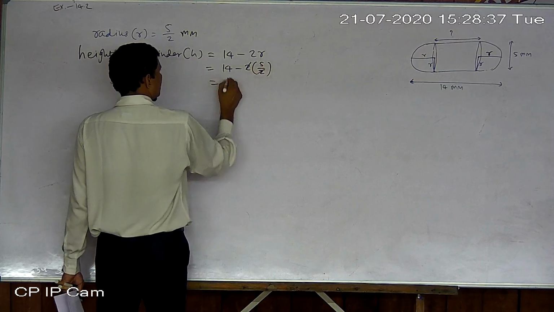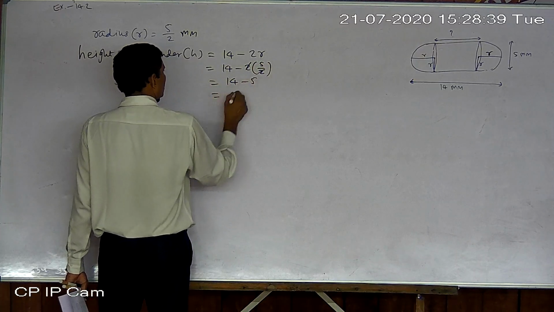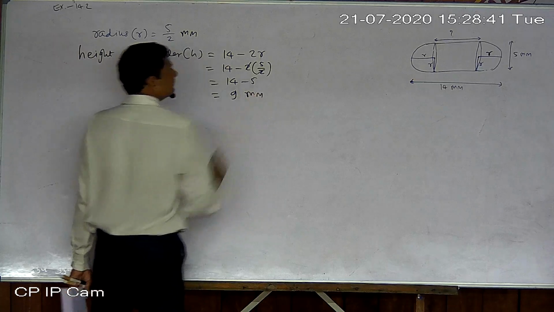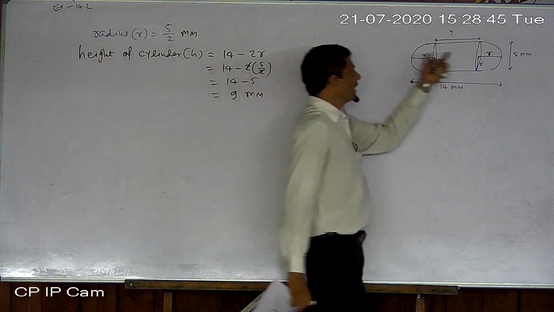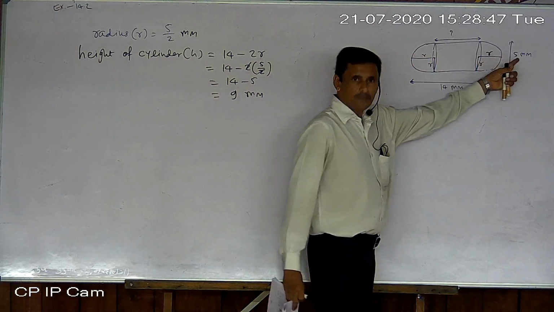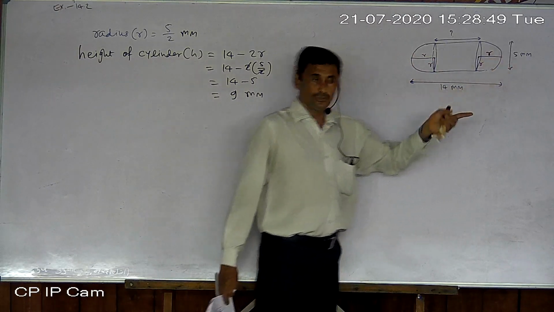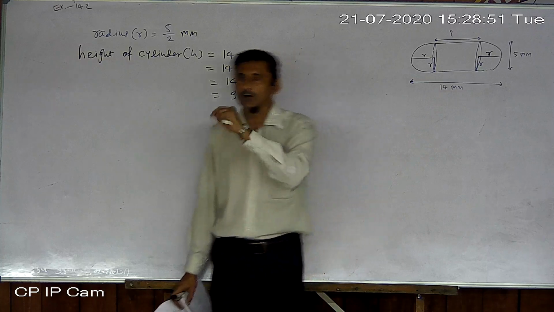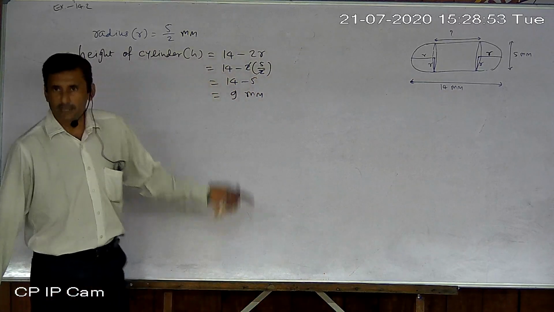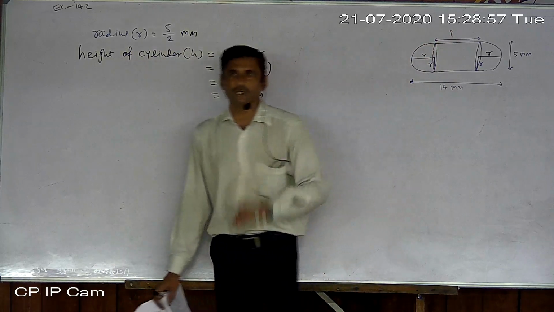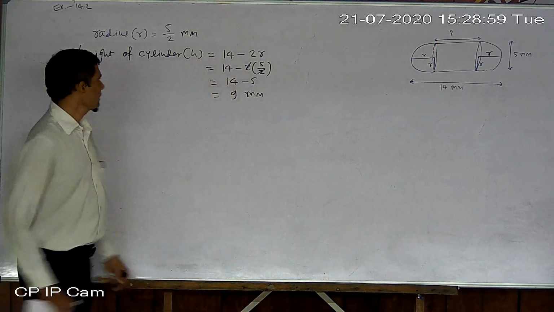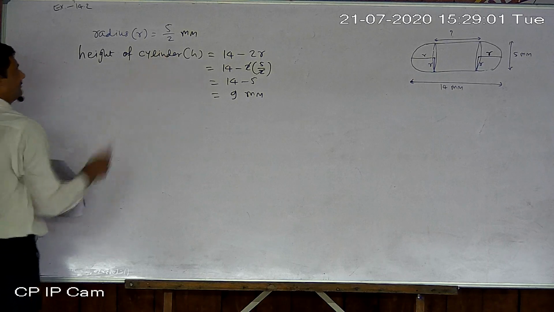The 2 cancels. 14 minus 5 equals 9 millimeter. Orally also you can decide it: R and R, 2.5 plus 2.5, 5 is removed from the total length 14. How much is left? 9. And 9 is what? The length of the cylinder only, or the height of the cylinder only. Now you can start your main work.